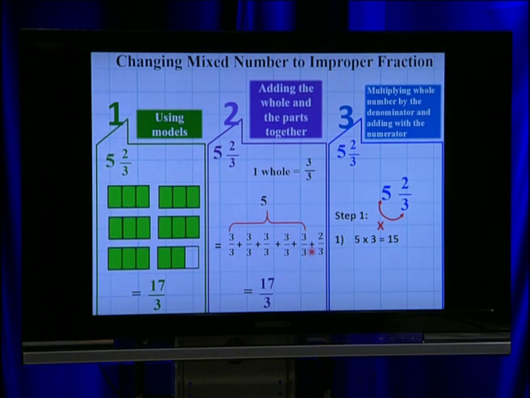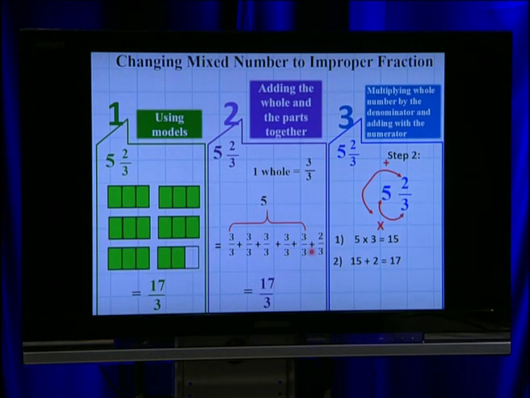Now, remember that. Go to step 2. You take the numerator and add it to the product of 5 times 3, the denominator and the whole number. So in step 2, we have 15 plus 2. 15 was the product of 5 times 3, and we added the numerator on it.